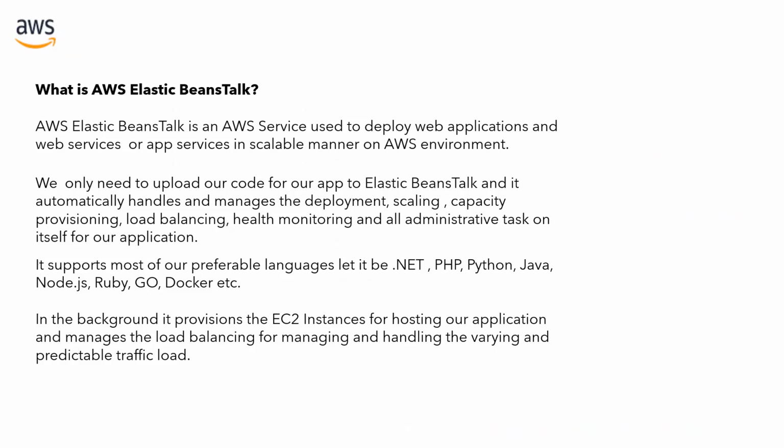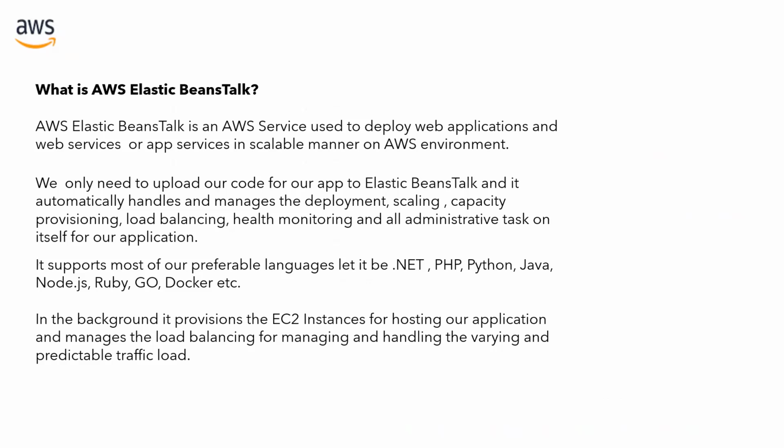Like if you have written your application in .NET Core or .NET, then it will provision an EC2 server that can run your application. If it is in PHP, then it will configure the respective environment in the background.